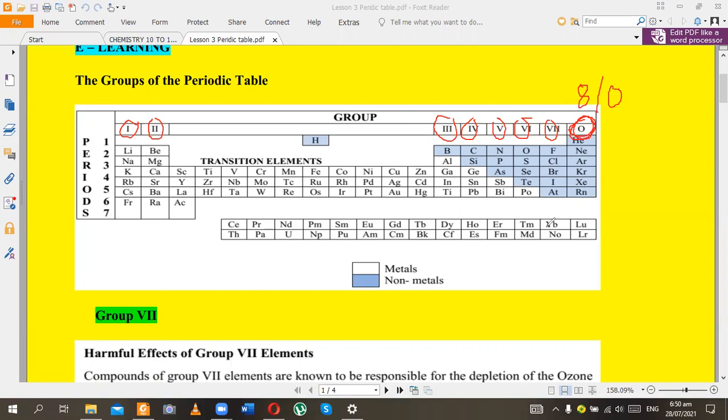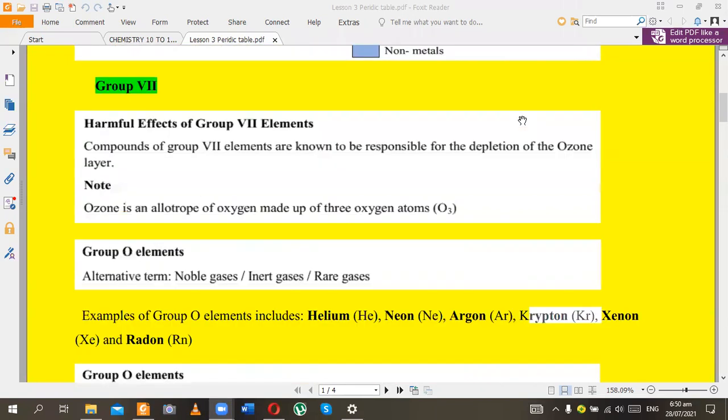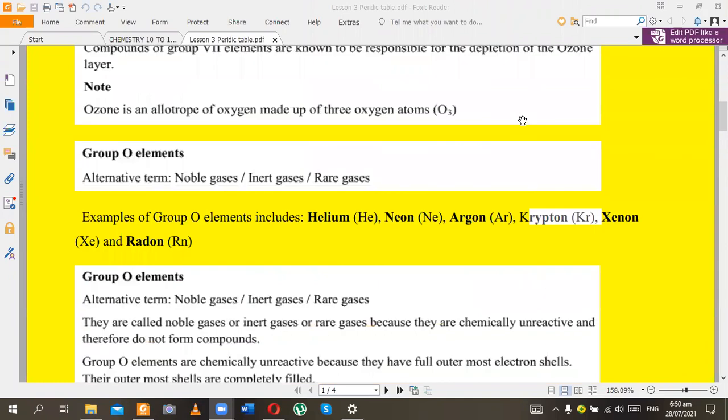So let us see how that is possible. We expected to have an 8 here, but the truth of the matter is that there is a 0. And why a 0? These are the things that we are going to look at. I just wanted you to understand that. So let us go back to the part where we were.